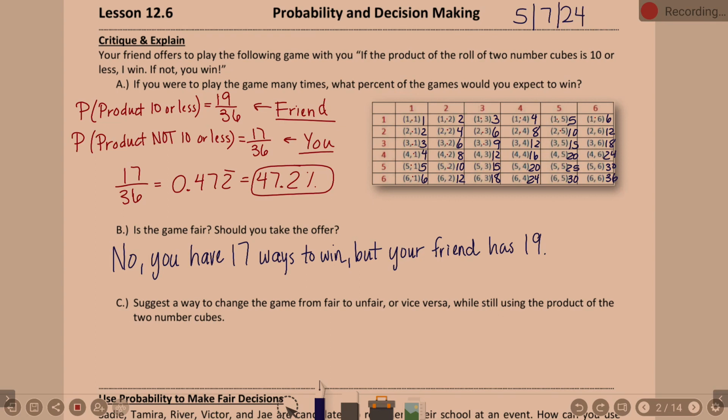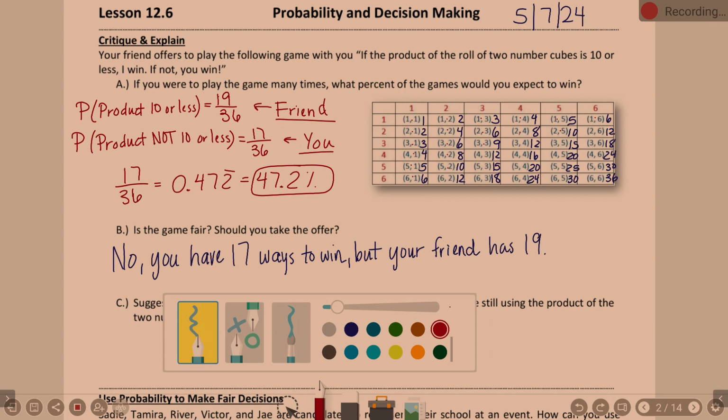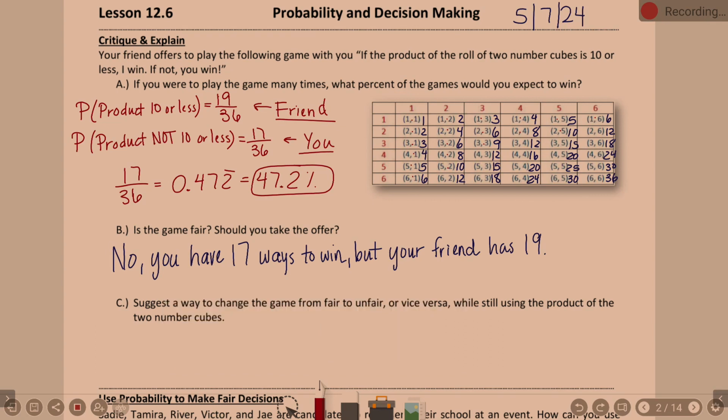Now, okay, C. Suggest a way to change the game from fair to unfair, or vice versa, since we don't officially know, but from unfair to fair, while still using the product of the two number cubes.